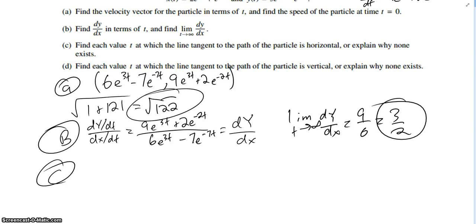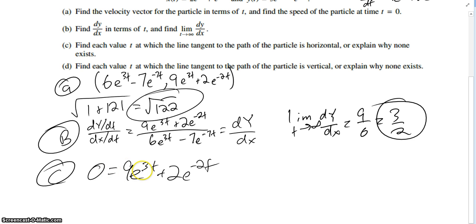At that moment dy/dt is 0, because there's no change in y at that moment. So we're looking for when 0 is equal to 9e to the 3t plus 2e to the negative 2t.